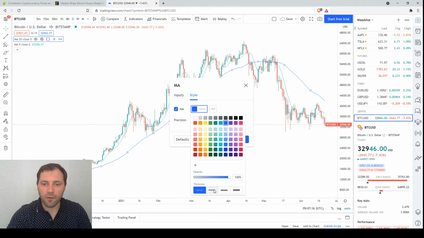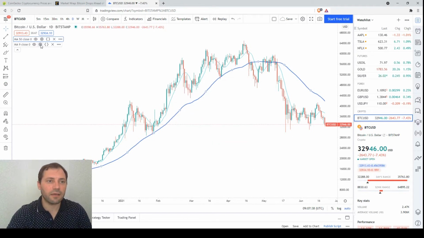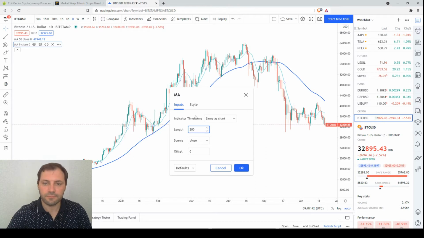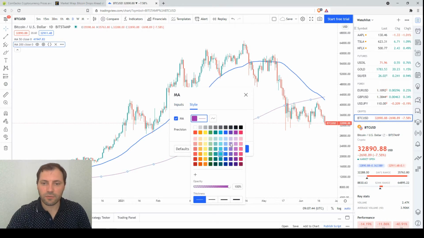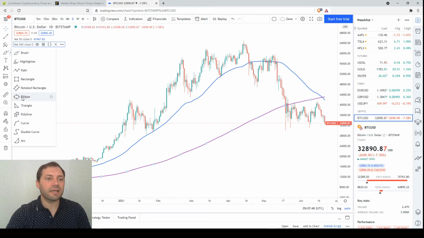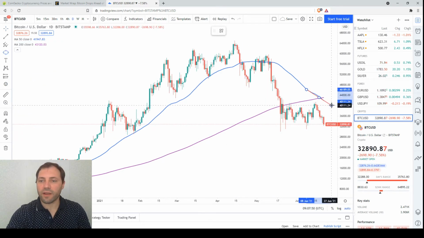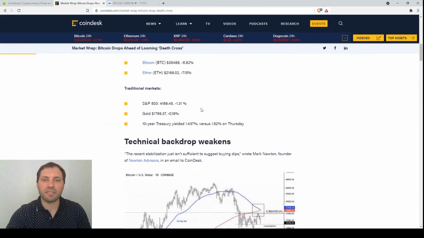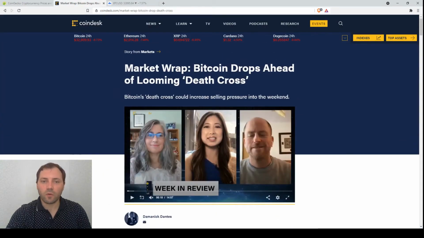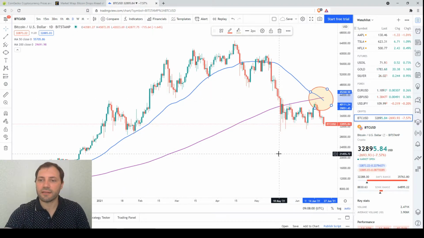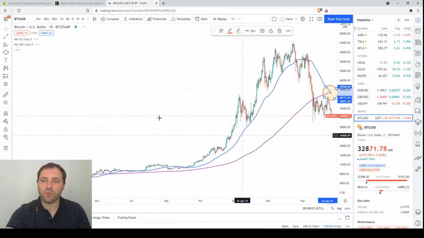And I also need the 200-day moving average. So this is the 200-day moving average. And yes, we see that this dead cross or whatever people call it took place a couple of days ago. So this is this dead cross, the looming dead cross, a solid bearish technical indicator according to many.